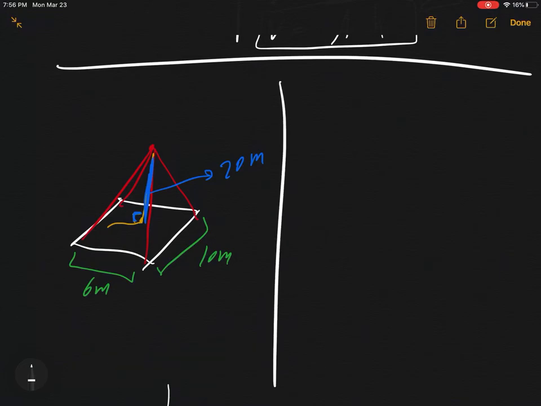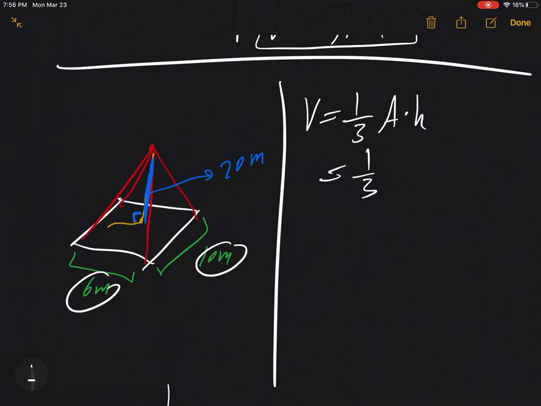As we did before, the volume is 1/3 of the area of the base times the height. The area of the base is length times width, so it's 1/3 times 10 multiplied by 6 multiplied by the height, which is 20.